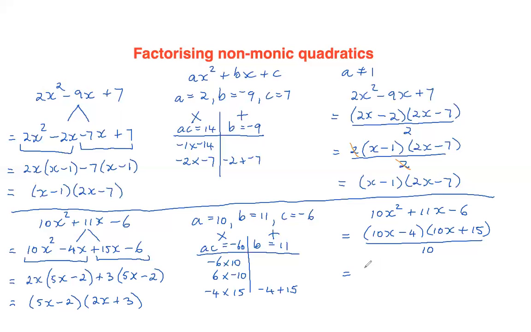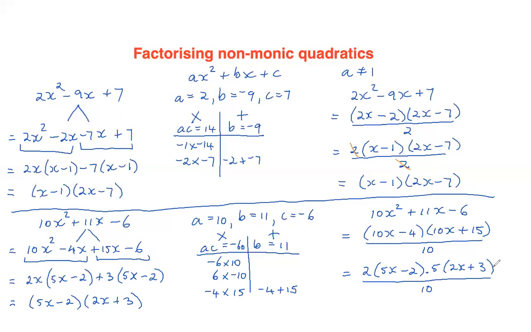Here our common factor is 2, so that's going to leave me with 5x minus 2 in brackets. And then here our common factor is 5, and that will leave me with 2x plus 3 in brackets. And then putting it all over 10.